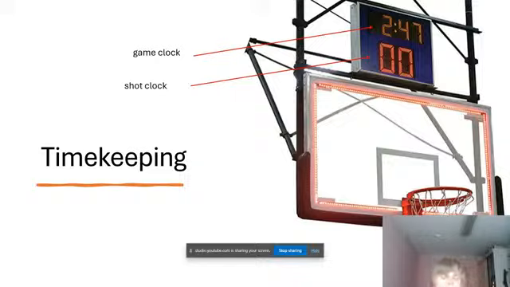But the NBA has the quarter length at 12 minutes.